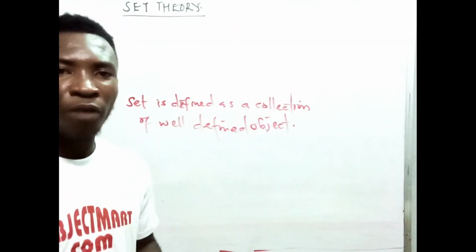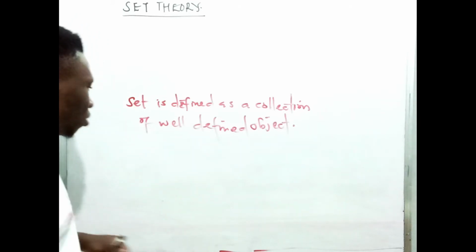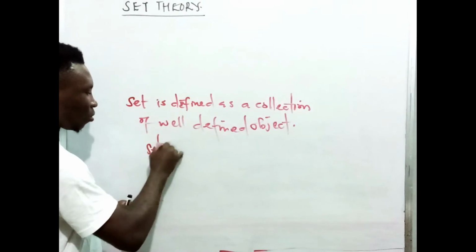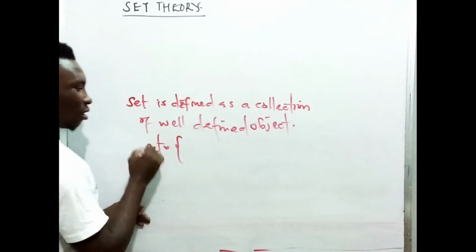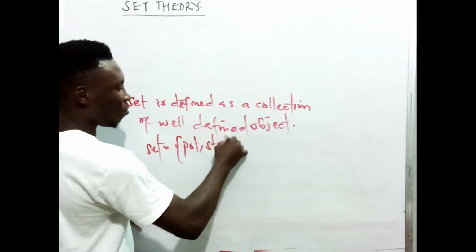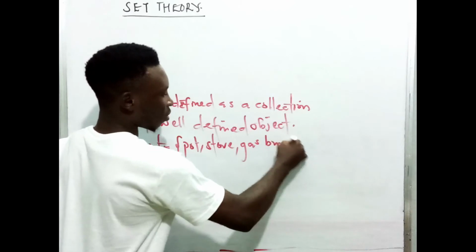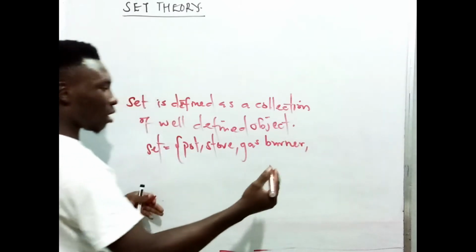Now, if I ask you for a set of kitchen utensils, a set of kitchen utensils is your pot, your stove, your gas burner, what else?